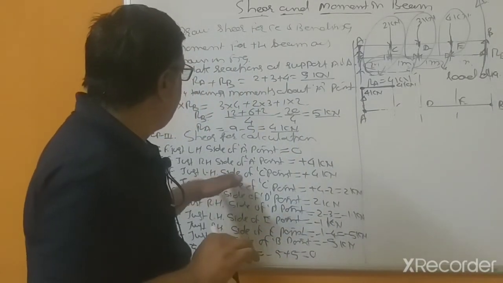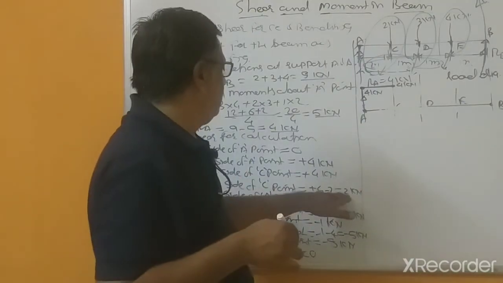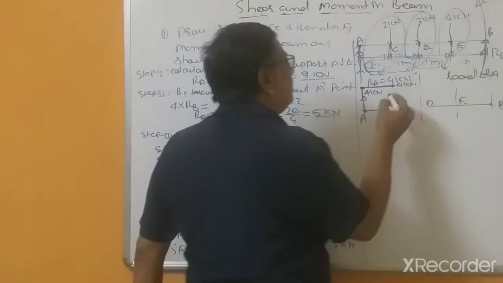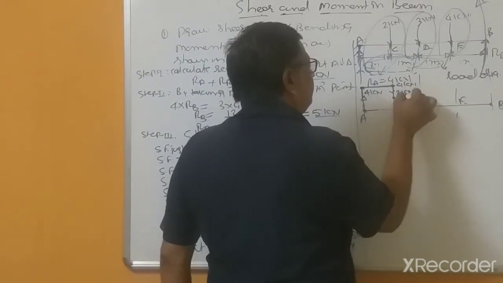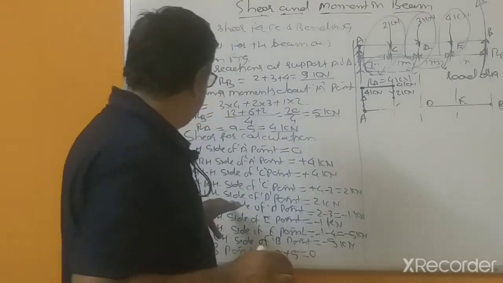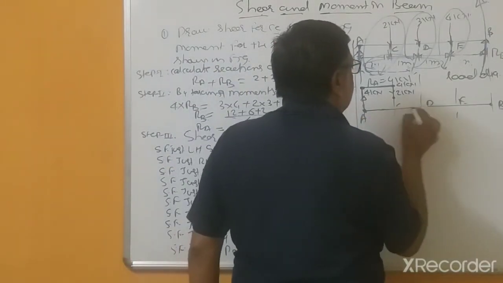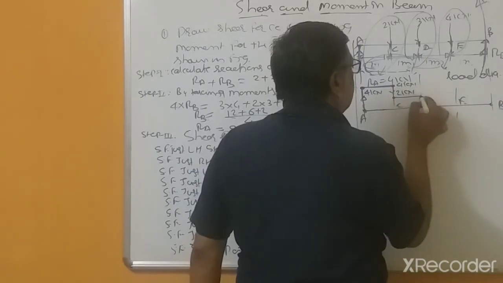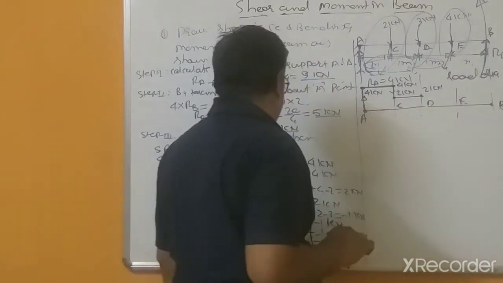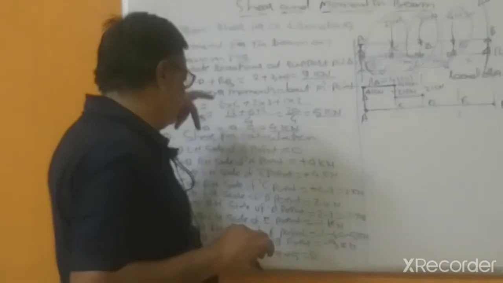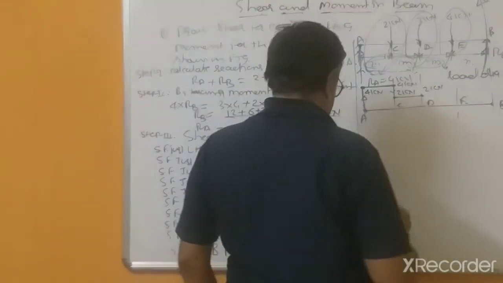Now at C point, right hand side above the C point, there is 2 kilonewton downwards. In between C to D no load, 2 kilonewton. At D point minus 1 kilonewton.